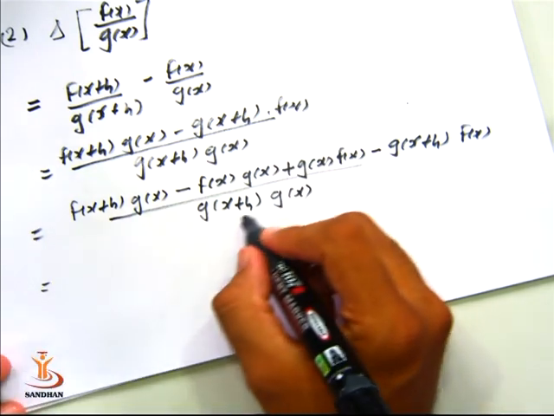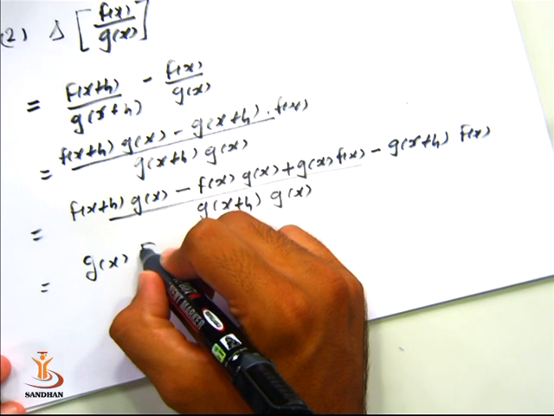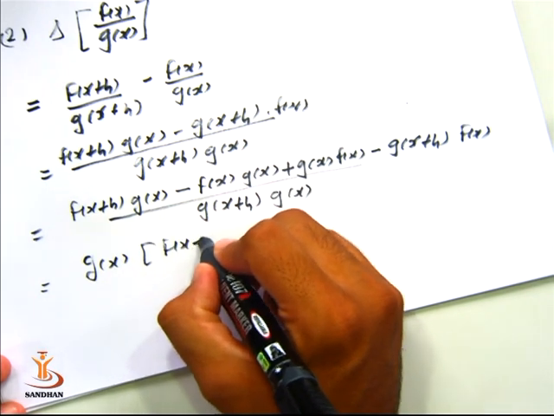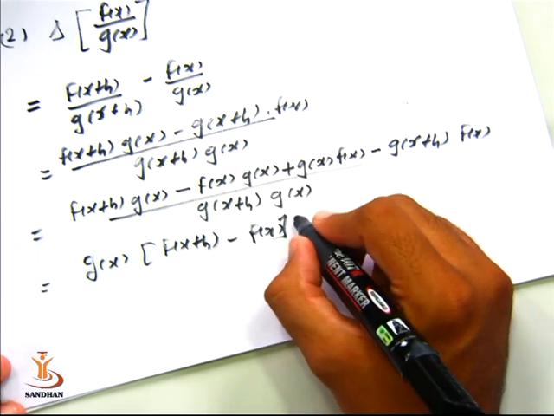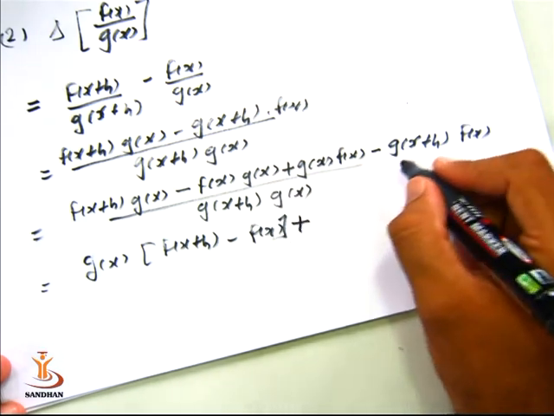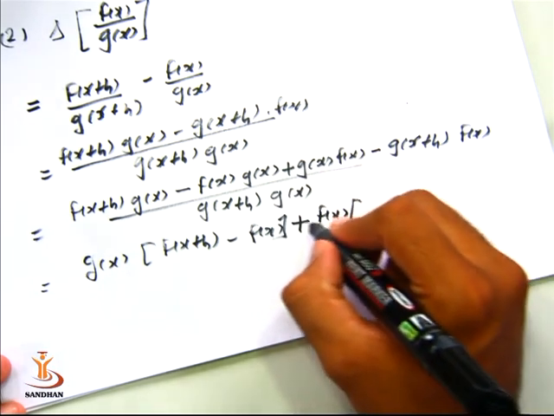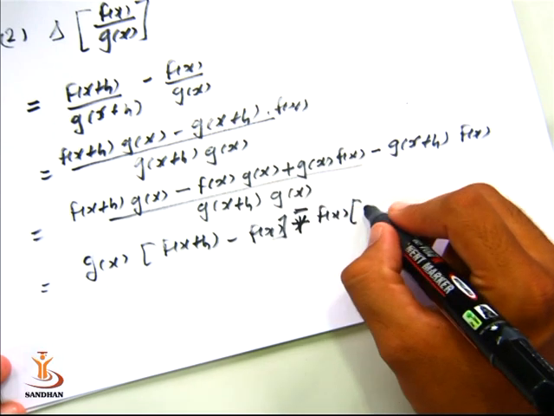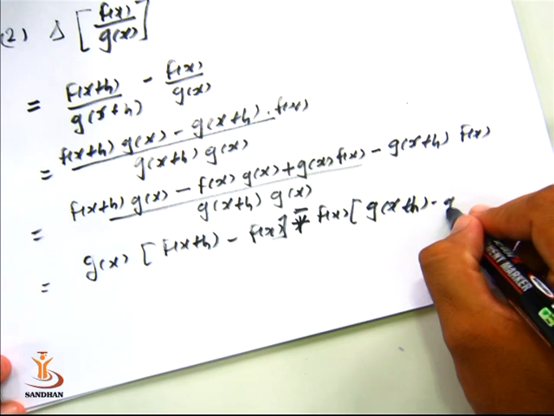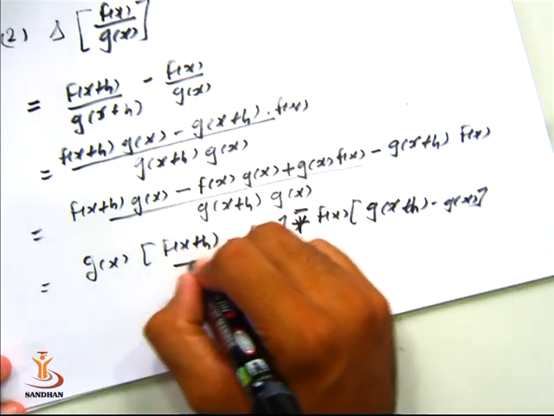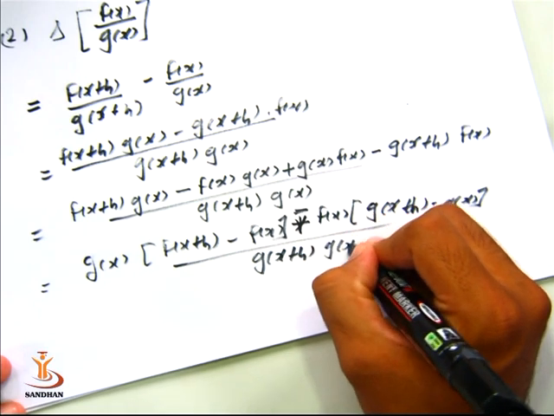So as a result, if you take g of x common from the first part, in the bracket you get f of x plus h minus f of x, plus if you take minus f of x common from the second two terms, then we get g of x plus h minus g of x, divided by g of x plus h into g of x.